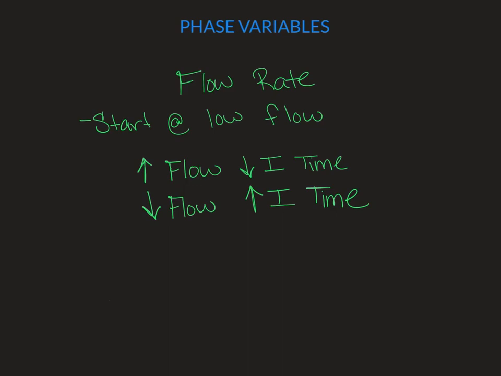Some examples of this. Let's say you have a patient with COPD. COPD patients are chronic air trappers. So for COPD patients, you want to increase their E time. You can increase their E time by decreasing their I time, and you can do that by increasing their flow.